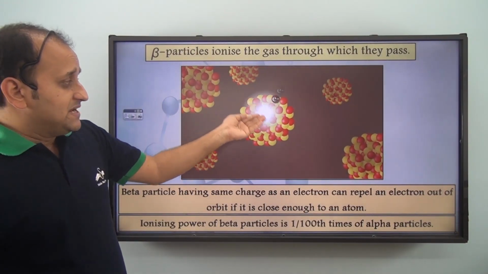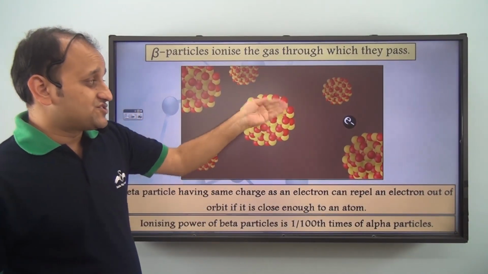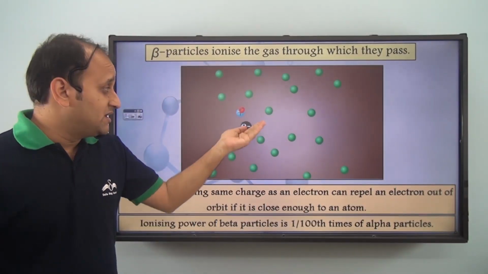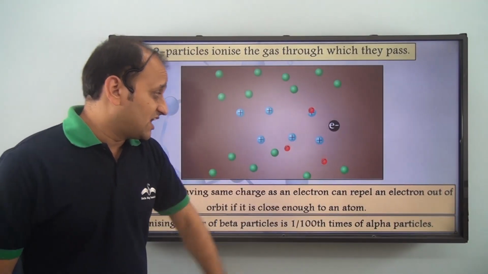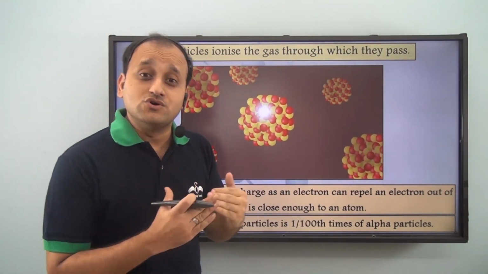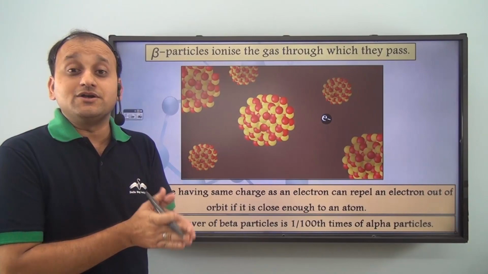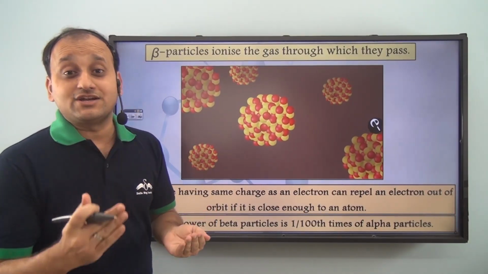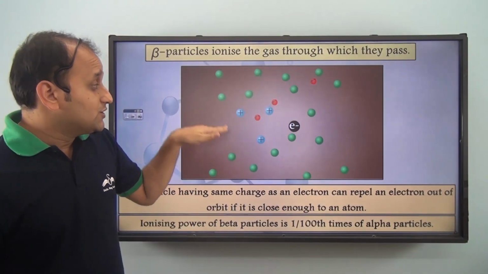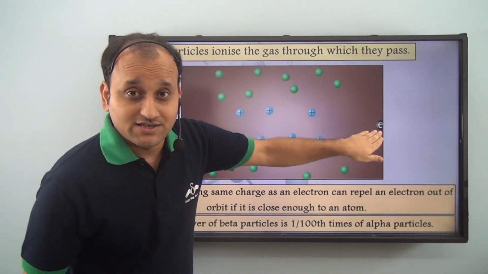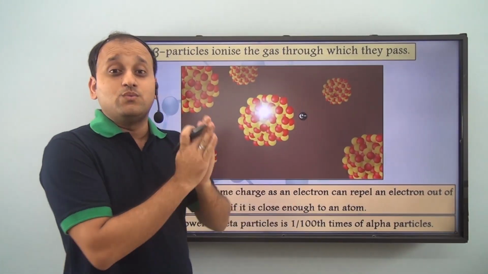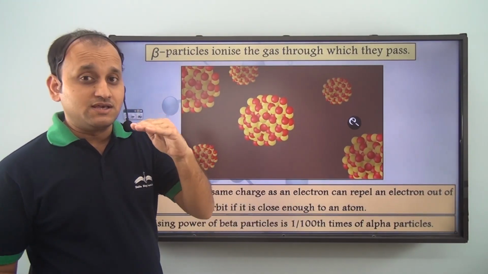So when a beta particle is emitted and is traveling through a medium, it interacts with the medium's particles, and because it has a negative charge, whichever particle is very close to the beta particle, it is able to repel the electrons out of their orbit in those particles. So those particles become ionized.